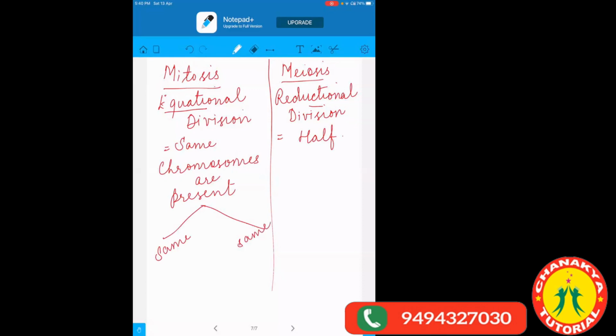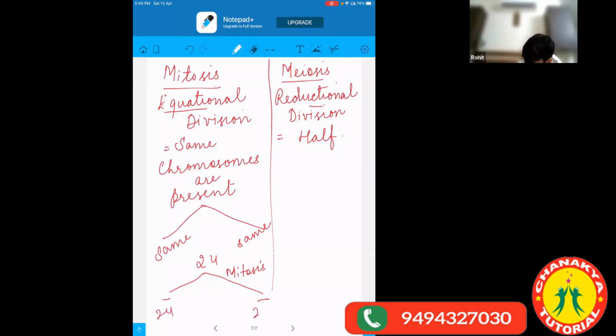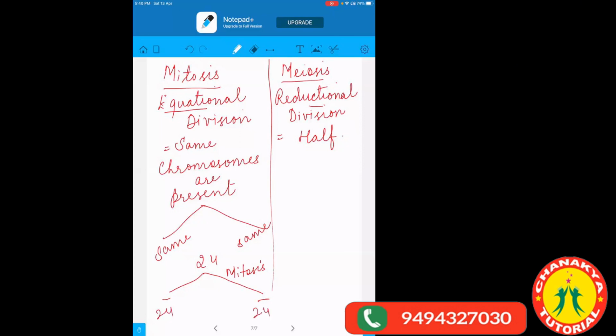For example, if anyone has 24 chromosomes, after the mitosis division, what numbers will we get? 12 and 12? No, the same number. I said the number of chromosomes will remain 24 and 24. So mitosis is a division where the number of chromosomes remains the same.